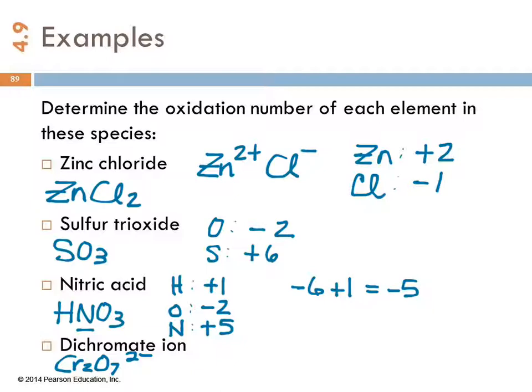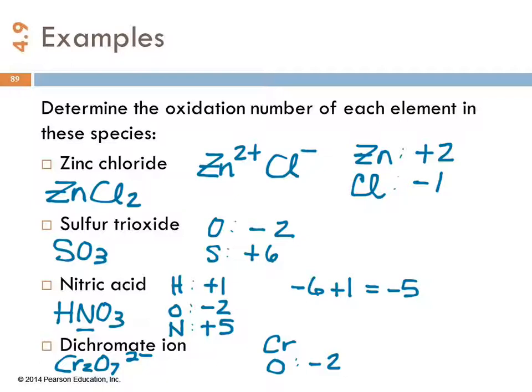Okay, so here we've got 2 elements. We've got chromium and we've got oxygen. This is a polyatomic ion. This is not an ionic compound. Okay, so we're not going to look for what charge does the chromium ion take. We're going to go to our pecking order, and oxygen gets its first choice, which is -2.